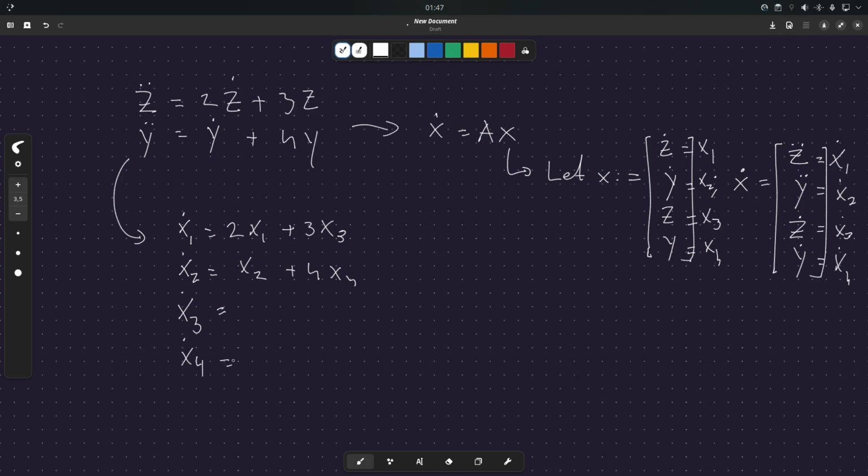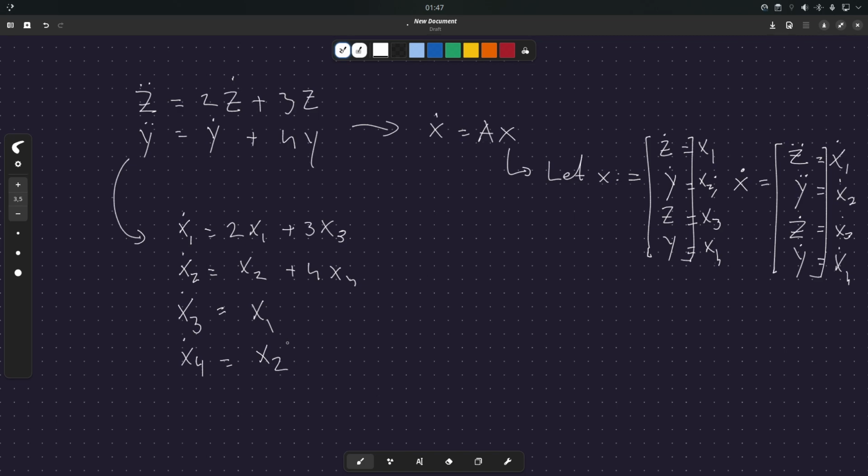Now, the funny thing is that if you look at x3 dot, it's actually z dot, which already exists in our x, without the x dot, just our normal x. And the same for y dot in our x dot. So x4 dot is actually the same as just our x2. So here we just have x1 and x2.